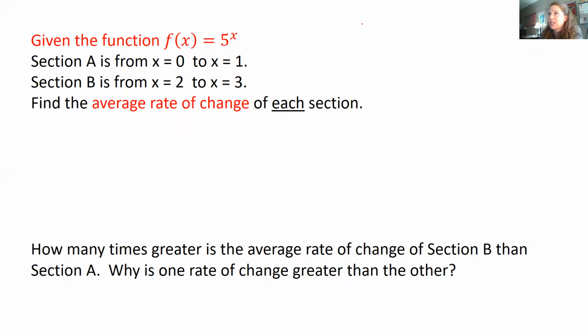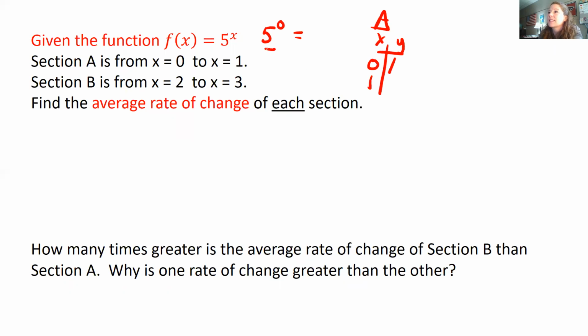All right, so let's do section A first. If we have a little t-chart, really I would put x and the function of x, but y can be substituted for the function of x, the output. So if x is 0 and then I want x to be 1, let's plug in our exponent. If x is 0, what's anything raised to the 0 power? 1.